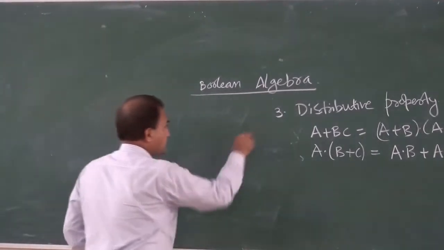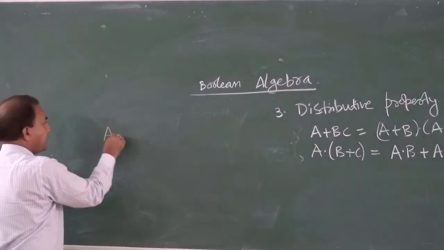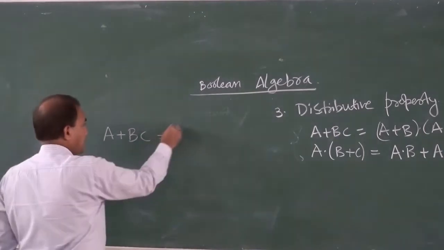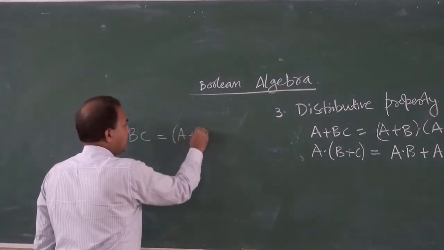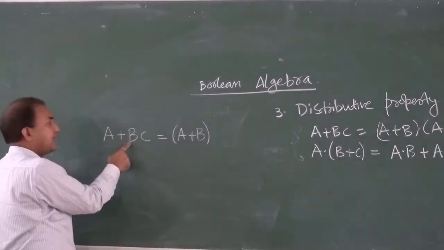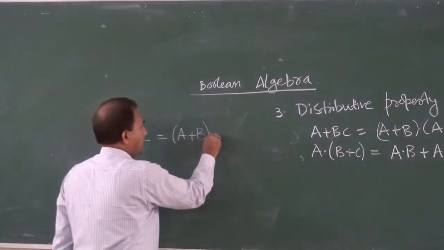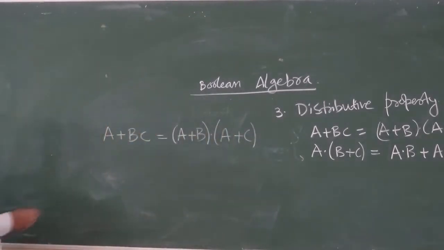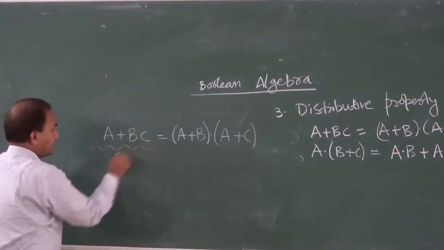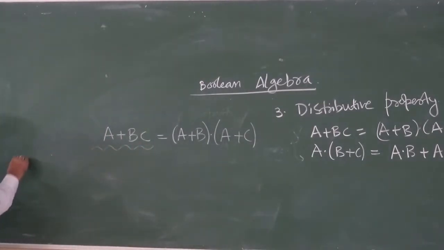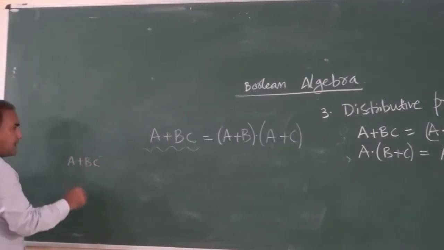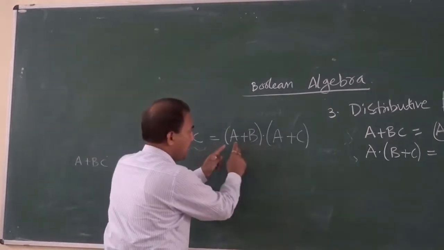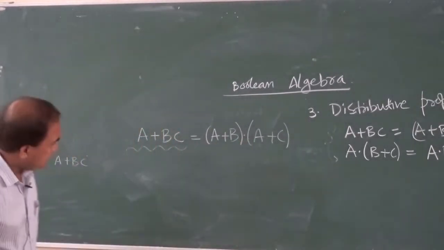Let us take the first one, A plus BC equal to A plus B dot A plus C. You have to take this function first, A plus BC, and show that it is equal to A plus B dot A plus C.